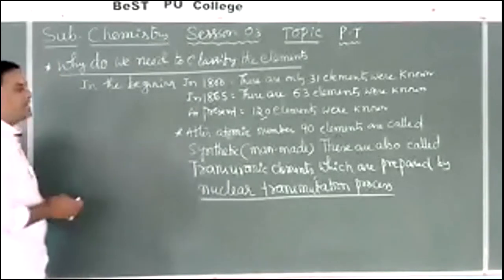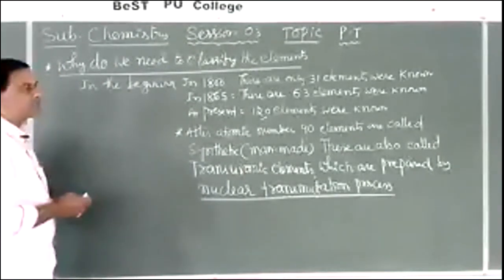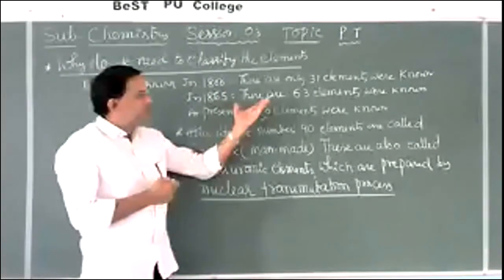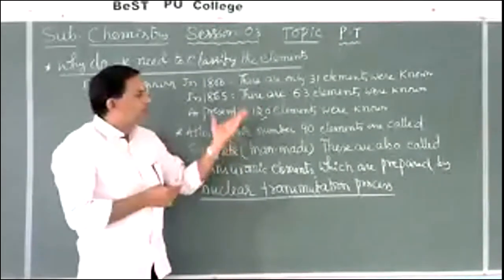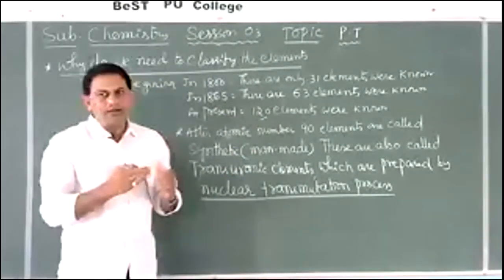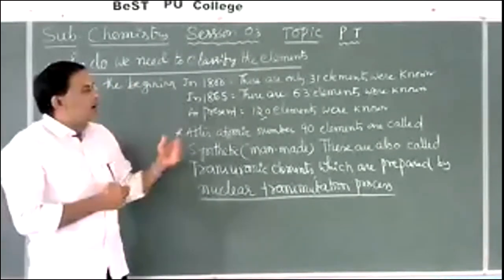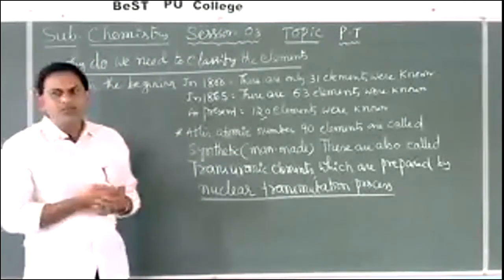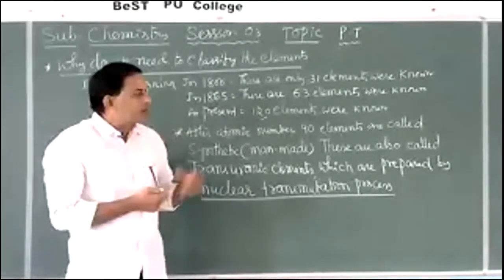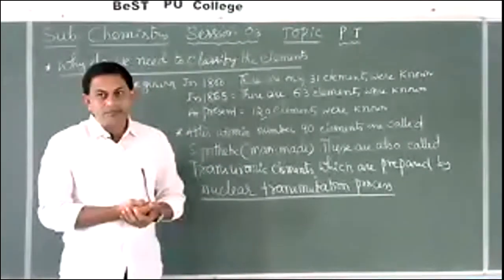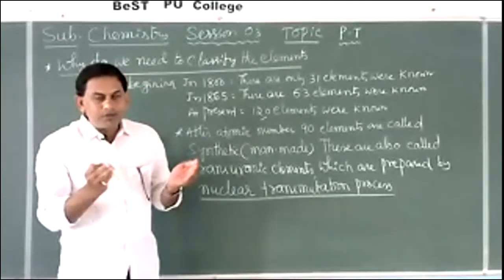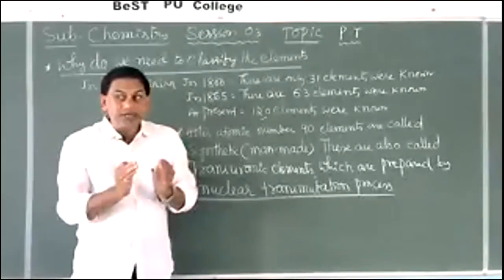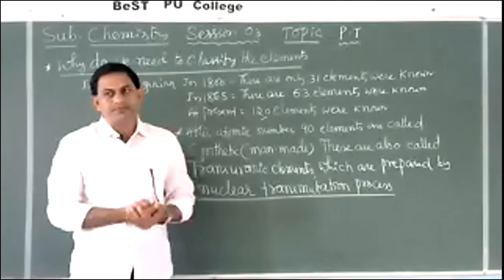So day by day, the number of newly discovered elements is increasing: after 31, 63, then 114, 117, 120 elements we know right now. After atomic number 90, some elements are not directly available in the atmosphere and are synthesized from their compounds. If you know the compound, you can isolate the elements from it.